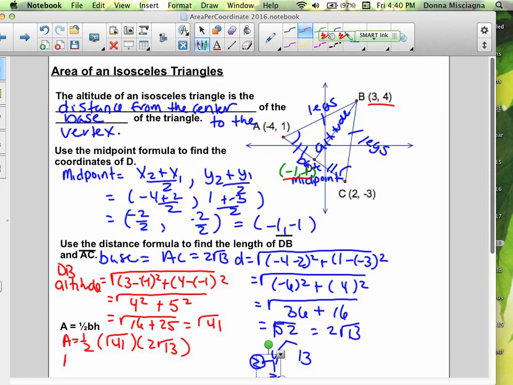So for my area, I'm going to multiply the 2 times the 1/2. That's a number. It's not in the radical. And then I'm going to multiply the square root of 41 and the square root of 13. You multiply the stuff in the radical. You can multiply radicals that have different values.